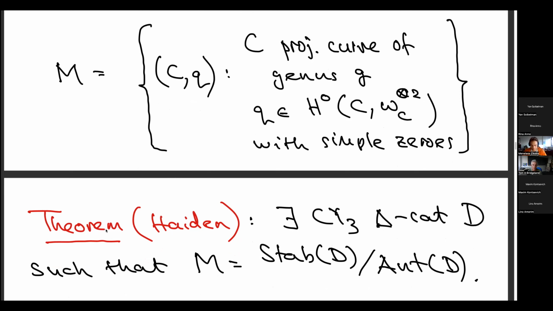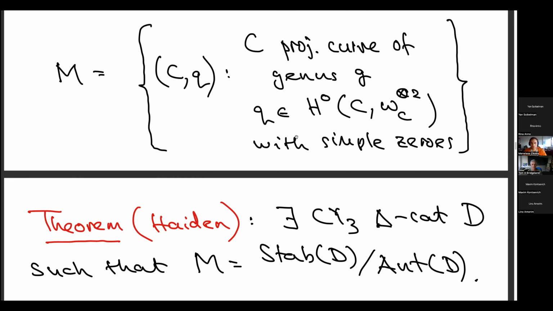I'm more familiar with this result in the case when there are poles, because then it was a theorem of myself with Ivan Smith. We constructed some CY3 category such that this quotient is the space of curves equipped with quadratic differentials with poles of fixed orders. Anyway, we're talking about the holomorphic case.